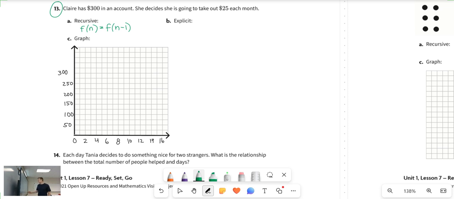Let's go with the age of her account, if that makes sense. So let's say she takes out 25 at the end of the first month, right? So she starts with 300 and then at 1 month, she takes out 25. Does that make sense? So we're gonna write it like that, but actually, you know what?